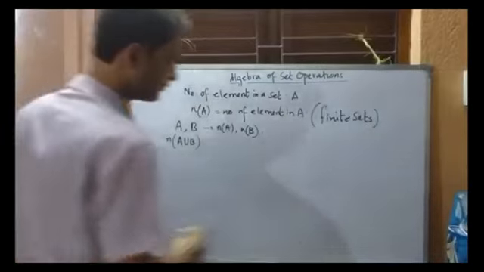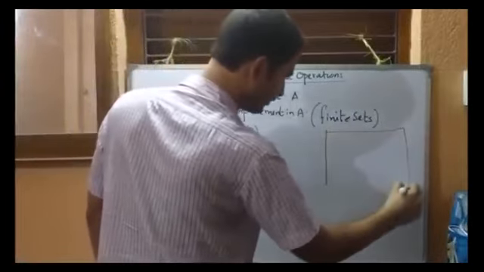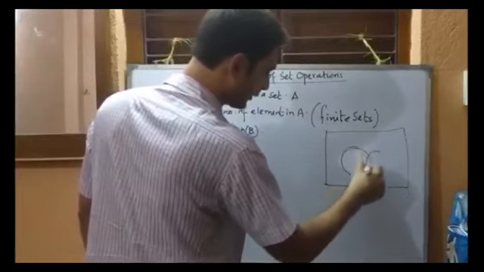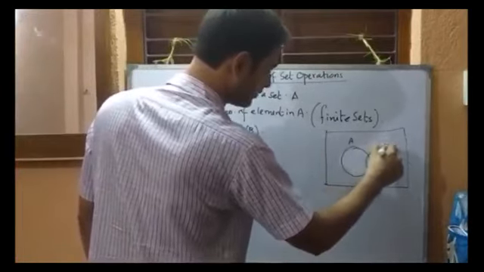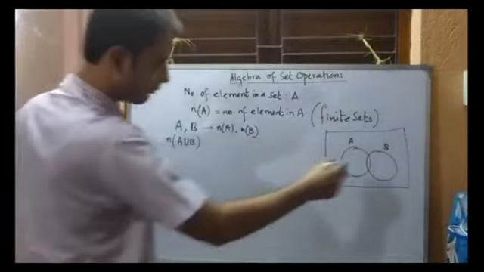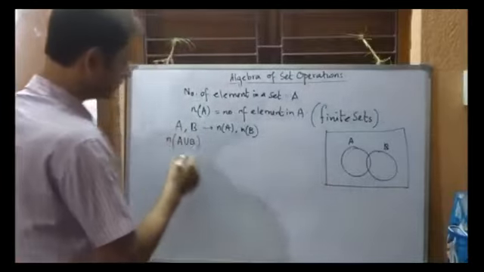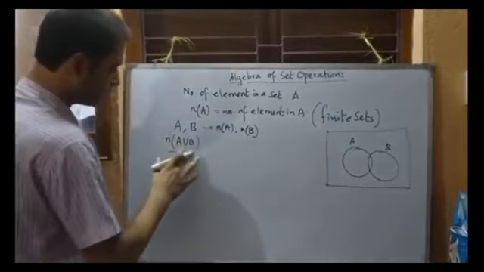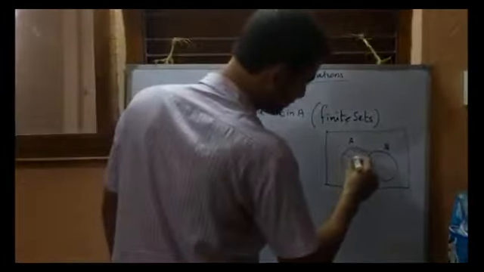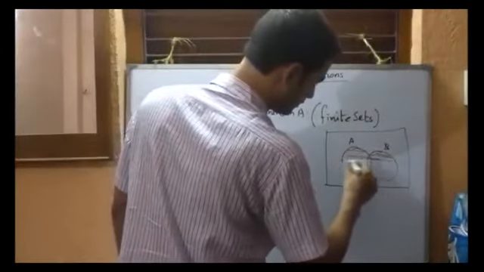Okay, so let us consider the Venn diagram now. It will be easier to express. So A and B are given, and we have to find the number of elements in A union B. So A union B is this shaded region.